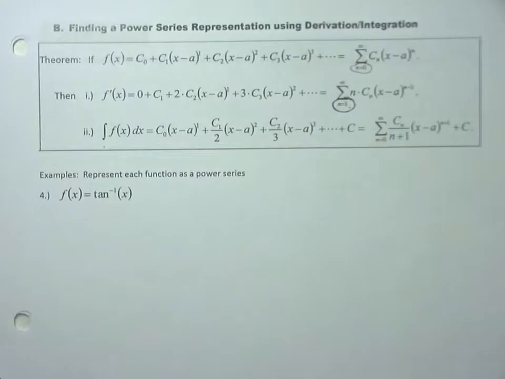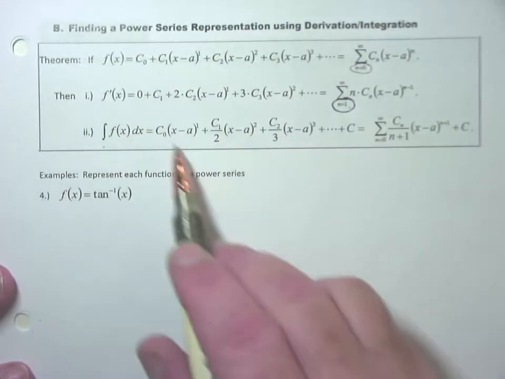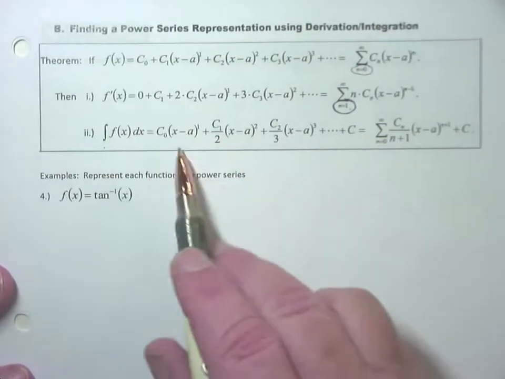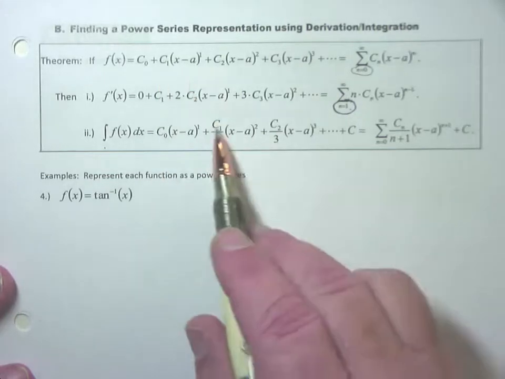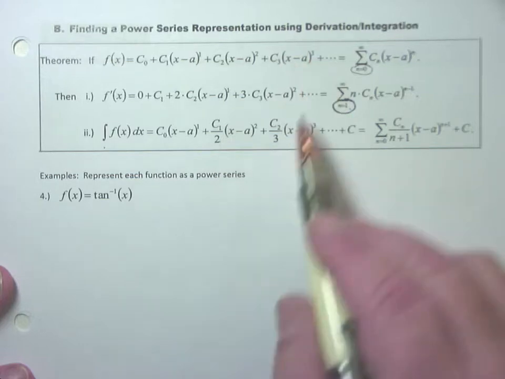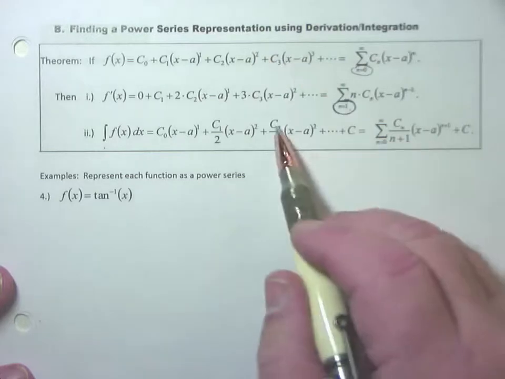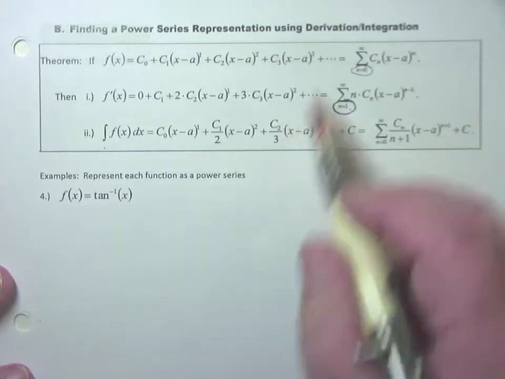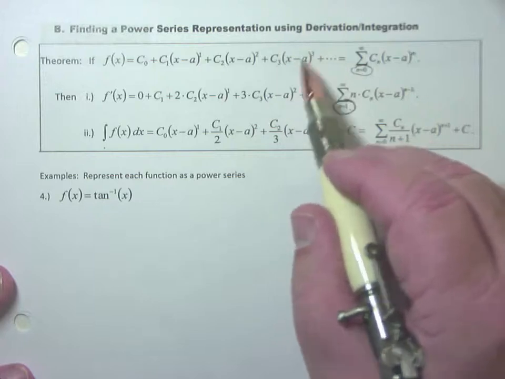However, you can also integrate. So you can integrate each one of these guys, and they're integrating with respect to x minus a. The integral of C0 is C0 times (x minus a). The integral of C1 (x minus a) would be C1 (x minus a) squared over 2. The integral of C2 (x minus a) squared would be C2 (x minus a) cubed over 3. The next one, C3 (x minus a) cubed, would be C3 (x minus a) to the fourth over 4.